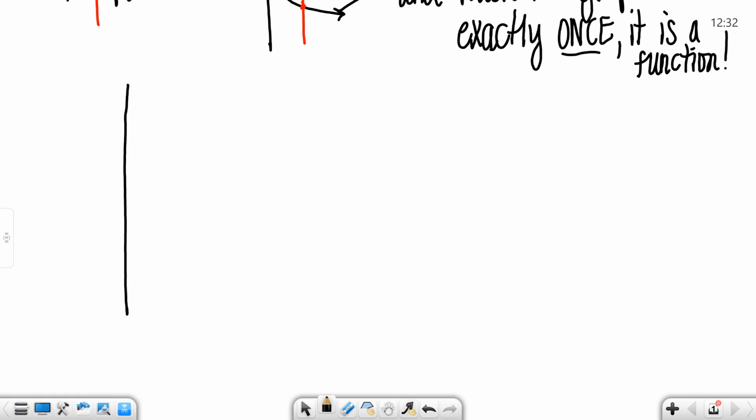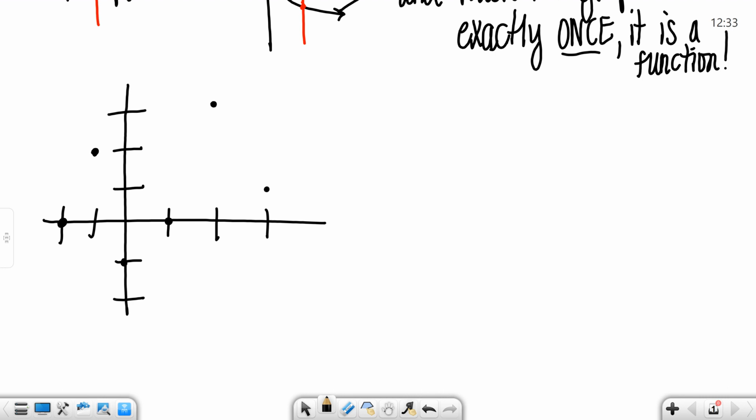Now I'm going to draw you a graph, and we're going to answer some questions about the graph that I have drawn. I've got a few points on the graph that I want to point out, so I'll put actual points here for us to see. Here is our graph, and I'm going to ask a few questions.